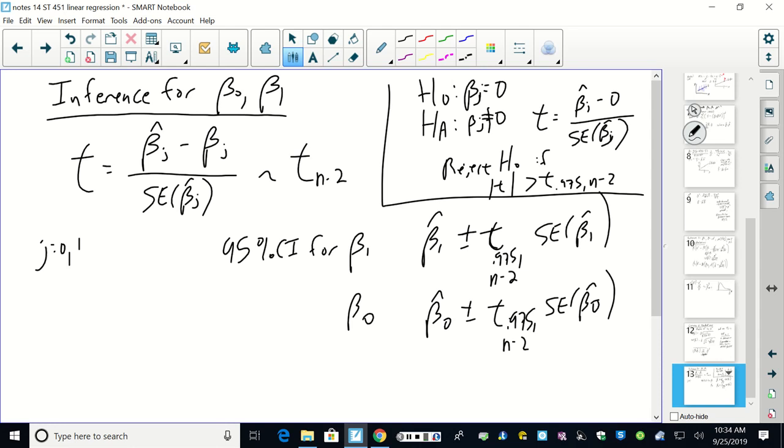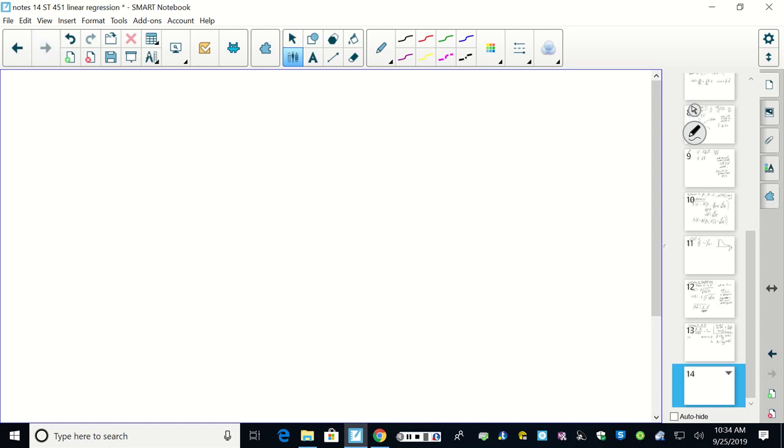There's a couple other things we can do, right? For this, we can do inference for an average value of y at x equals some value, call it x of 0.